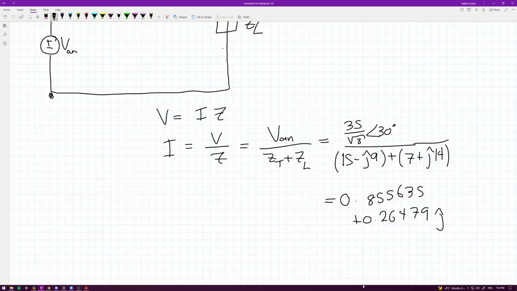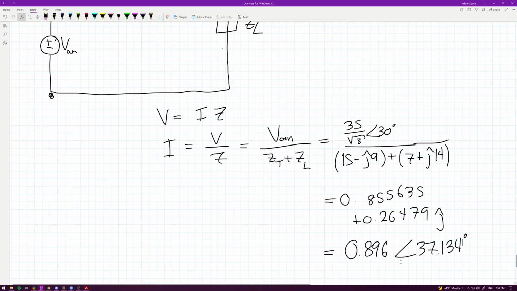So that is going to be 0.896 at an angle of tan inverse 0.26479 over 0.855635. Angle 37.134 degrees.